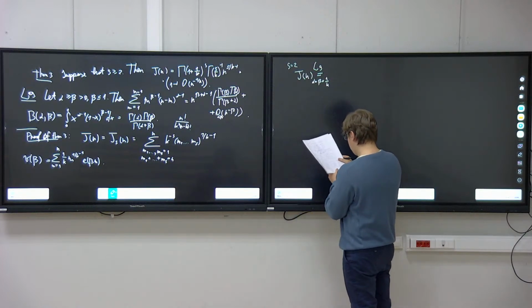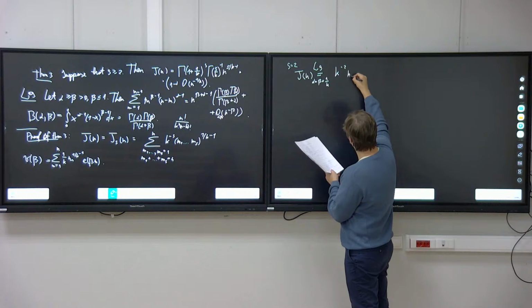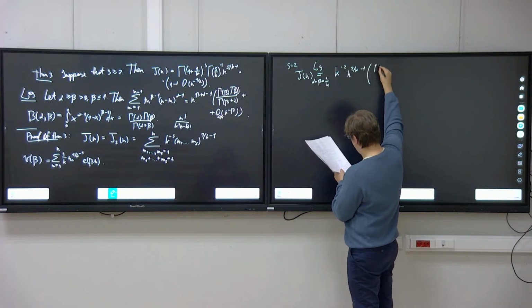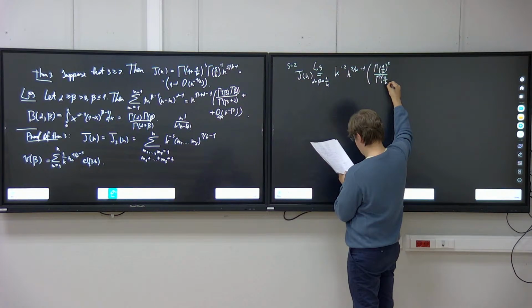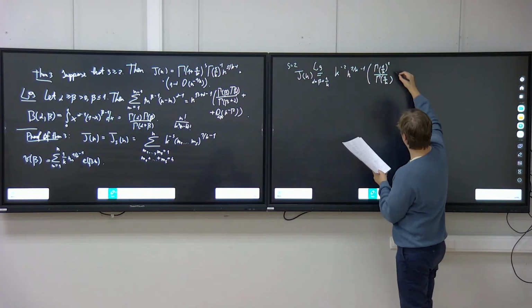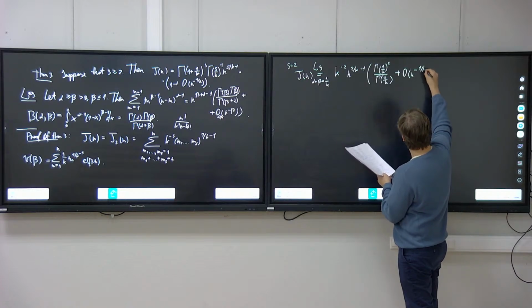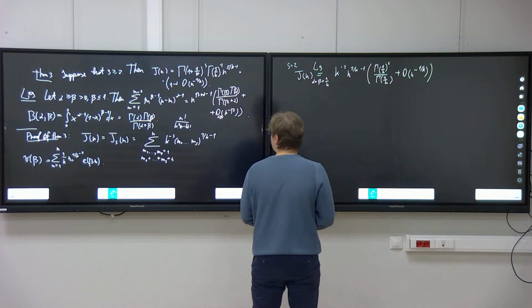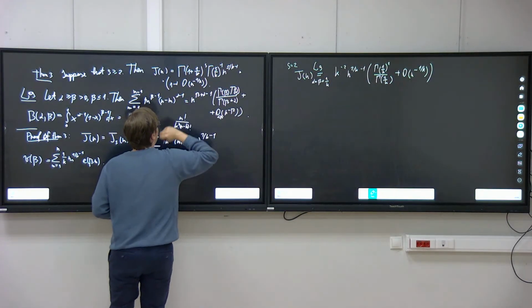And from lemma 9, this is k to the power minus 2 and n to the 2 over k minus 1, and here will be gamma of 1 over k squared, gamma of 2 over k, plus a lower-order term of n minus k. But it's a bit different answer, yes?